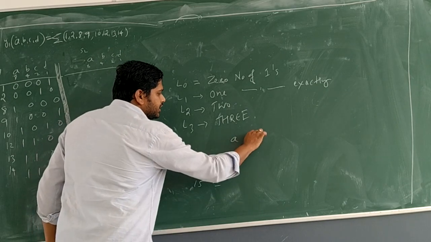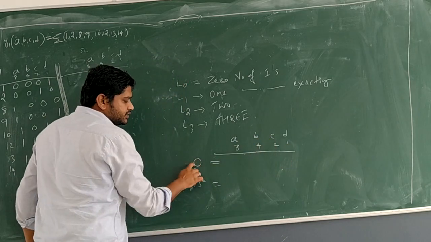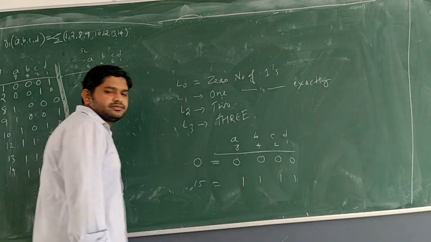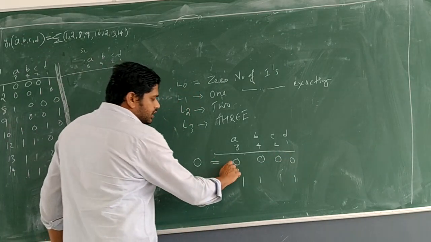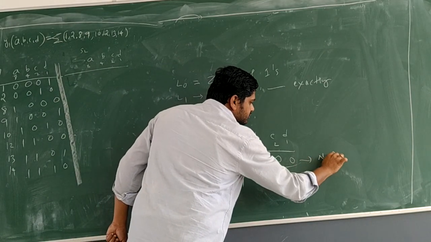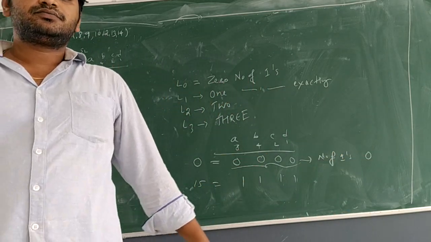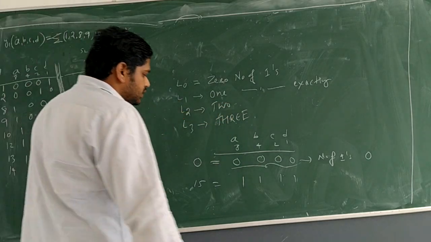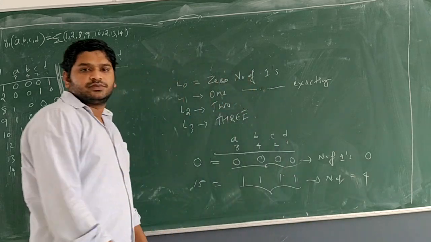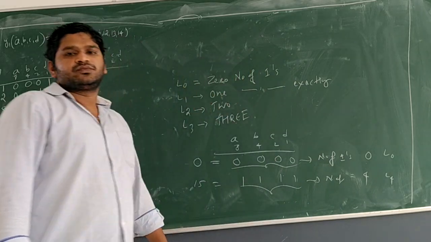A, B, C, D with the magnitudes of 1, 2, 4, 8. 0 is written as 0, 0, 0, 0, and 15 is written as all ones. The number of ones in 0 is 0 because all are 0. How many ones in 15? The number of ones is 4. So 0 belongs to L0 and 15 belongs to L4.